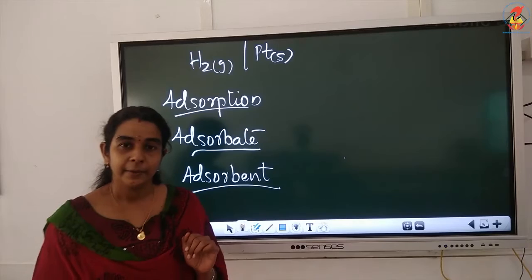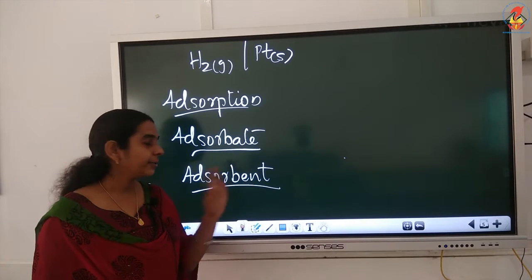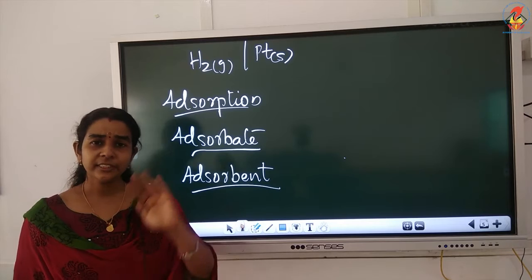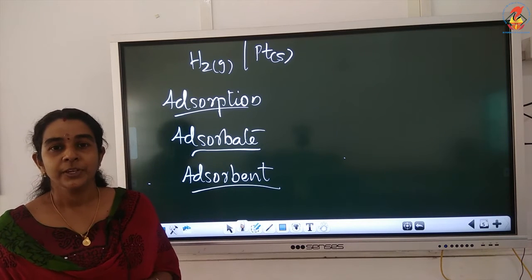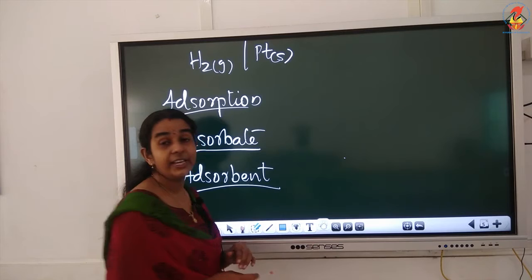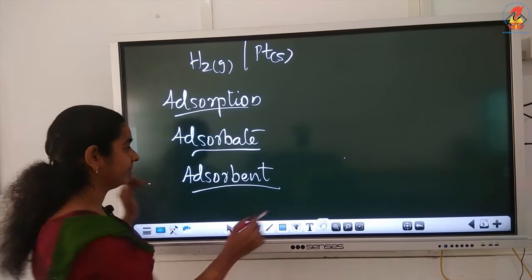That means the surface on which the accumulation takes place is known as adsorbent. These are the three terms that we are using throughout this section. Okay, now what we have to study today is about adsorption isotherms.